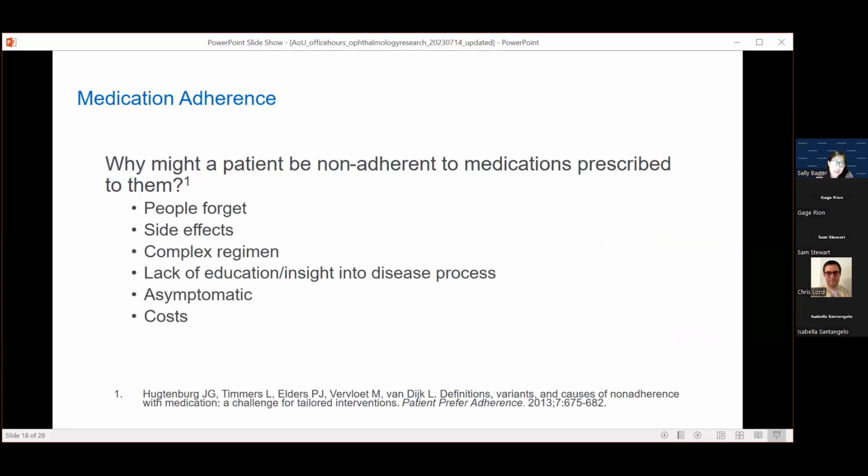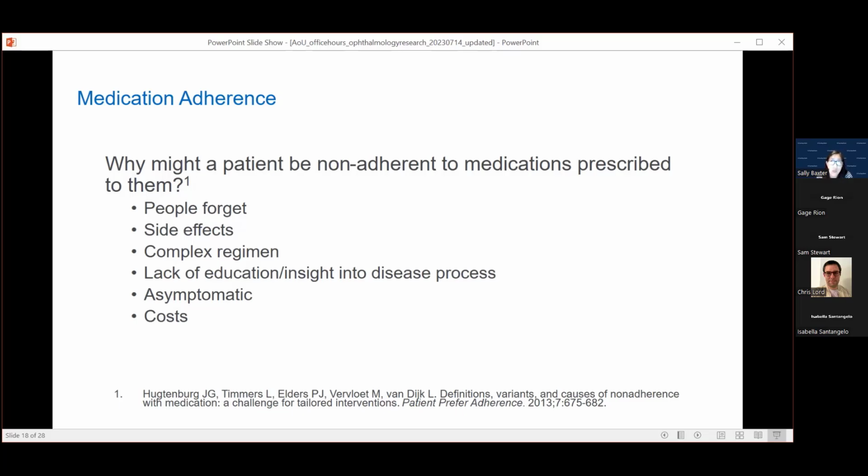Certainly side effects. So if you have side effects from the medication, obviously people are not going to be as inclined to want to take the medication. For glaucoma medications, a lot of them can cause surface irritation. They can cause your eyes to look really red, kind of be uncomfortable, dry. And so because of that, some people don't really want to take their eye drops because of those side effects.